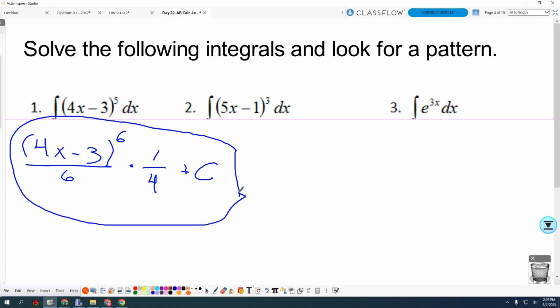Ayala, you want to do another one? Number 2. Go for it. I haven't done it on paper yet, but. Okay, we have faith in you. You are being recorded. So he's choosing U to be the stuff in the parentheses. du is 5x.